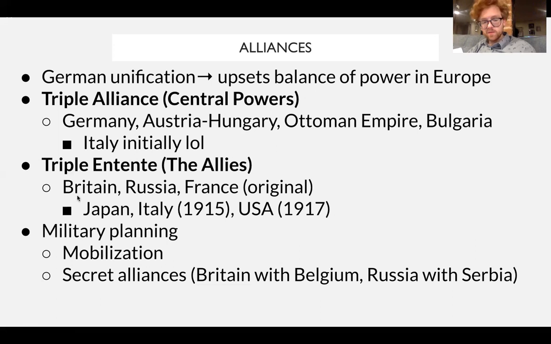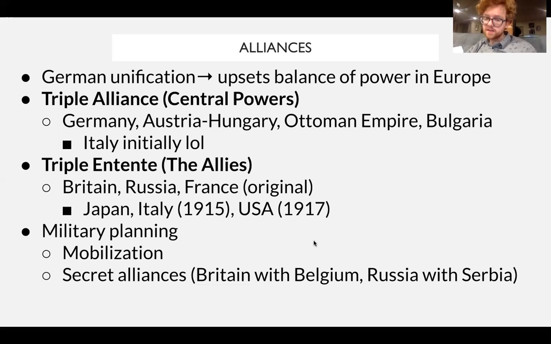Japan, well, they have an alliance with the British, but more importantly, they want German territory in the South Pacific. The Japanese also are looking to try and get more land out of China, potentially taking over the German sphere of influence in China. The Italians, like I mentioned, they want land that the Austrians have.